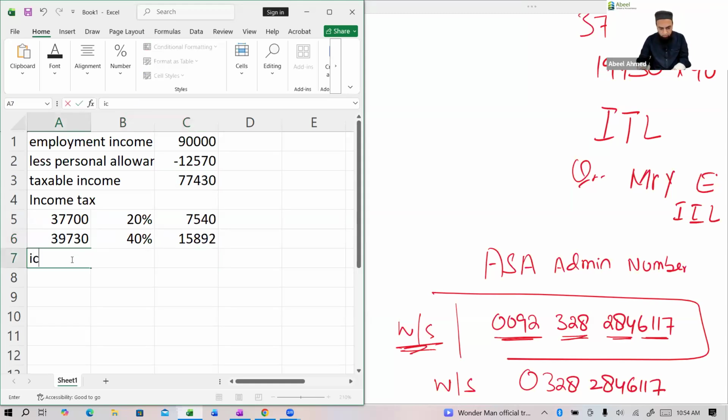So simply add them, and you will get the income tax liability. 7,540 plus the 40% amount.